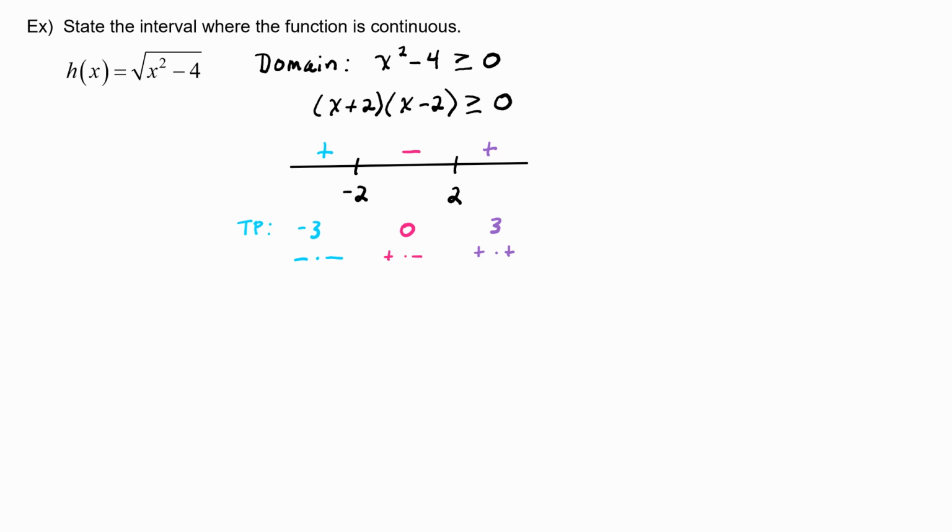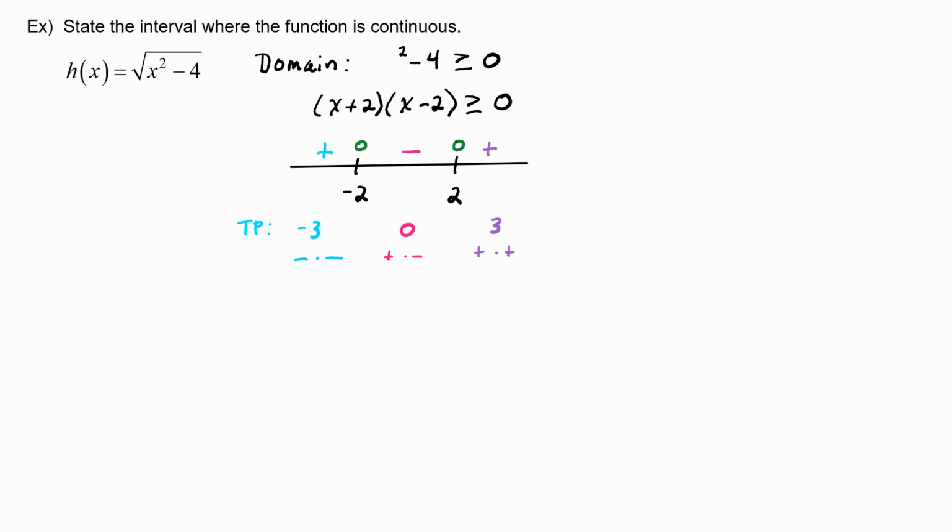Now, what we are interested in for the domain here is when this product is either greater than or equal to 0. Right at the value of -2, it's equal to 0, and at the value of +2, it's also equal to 0.